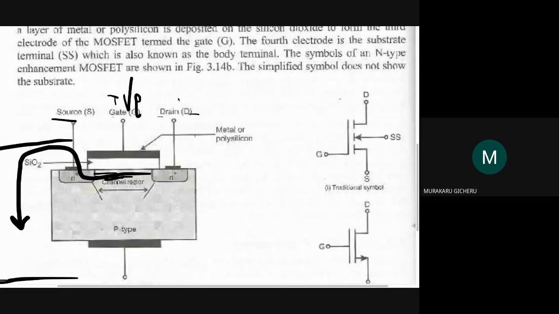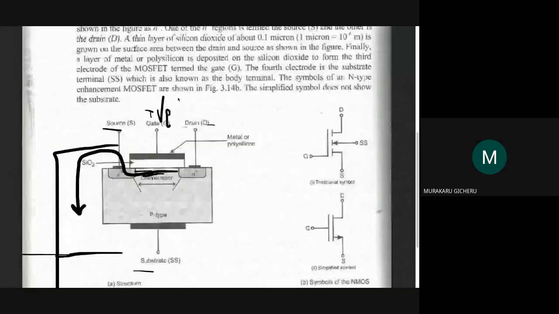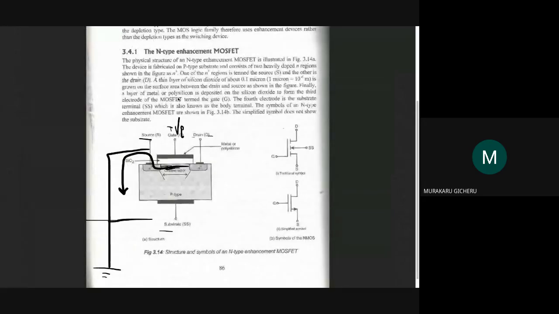So basically, that's how we get the NMOS to work. Are we good until there? And PMOS is the opposite, because they are duals of each other. Are there any questions?